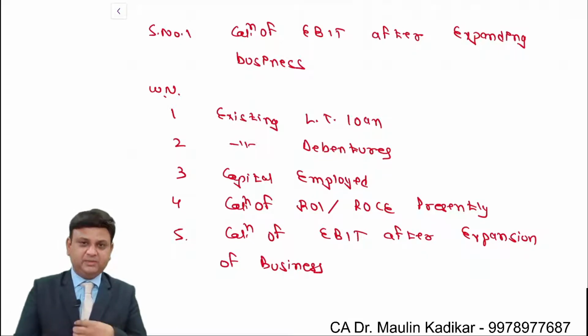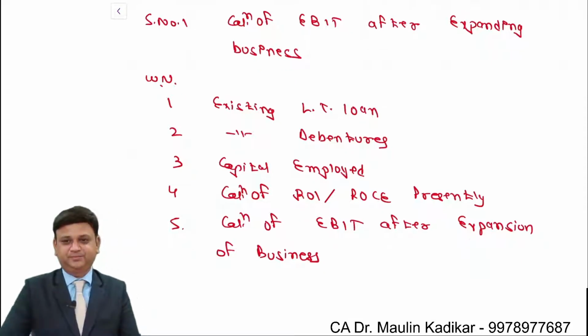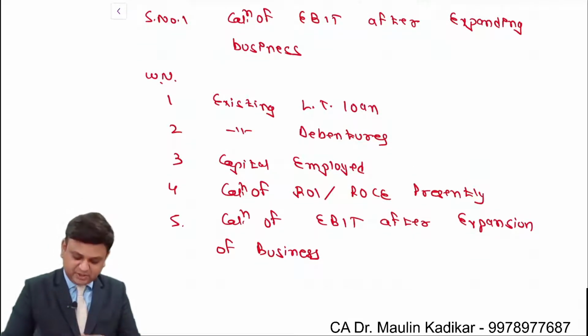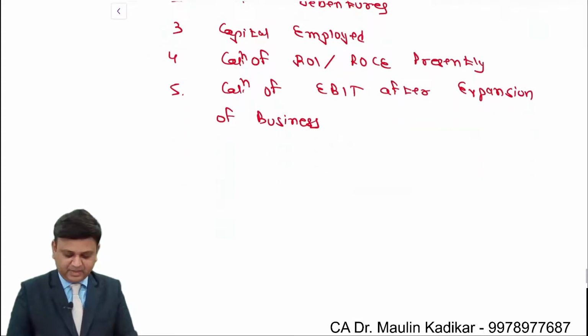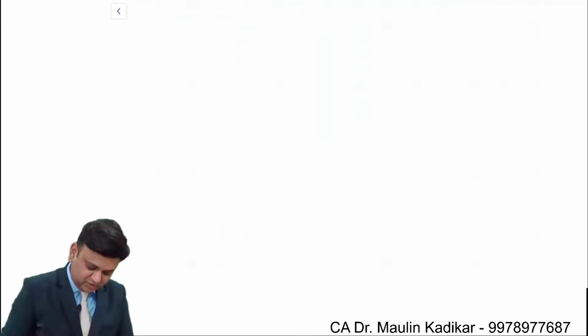Please write down this step number 1 and try to do working note number 1 to working note number 5 on your own. So these are the 5 working notes which we are required to prepare to make the computation of the EBIT after expansion of the business. Write the answer. Working note number 1.